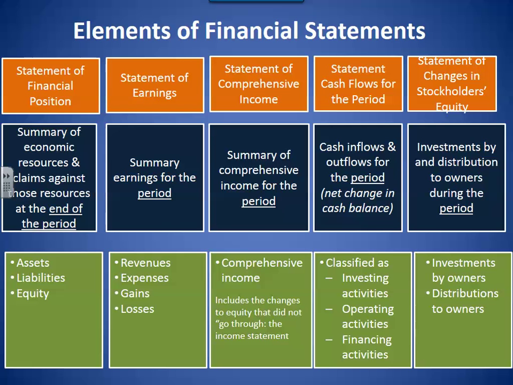As long as you have the information flowing from these 5 areas, you can do a number of combinations of the financial statements, and typically you end up with the statement of financial position, the statement of earnings, and the cash flow statement.